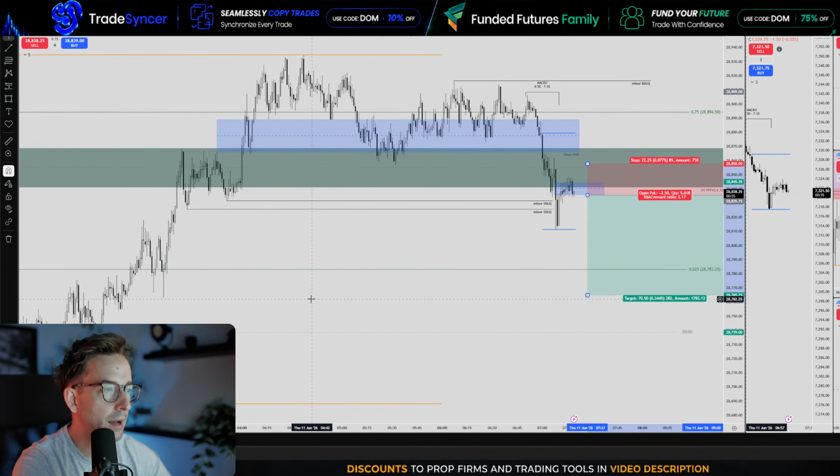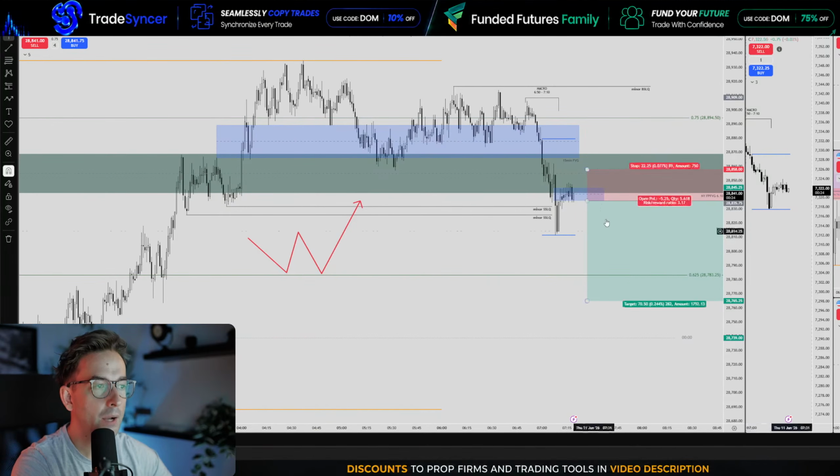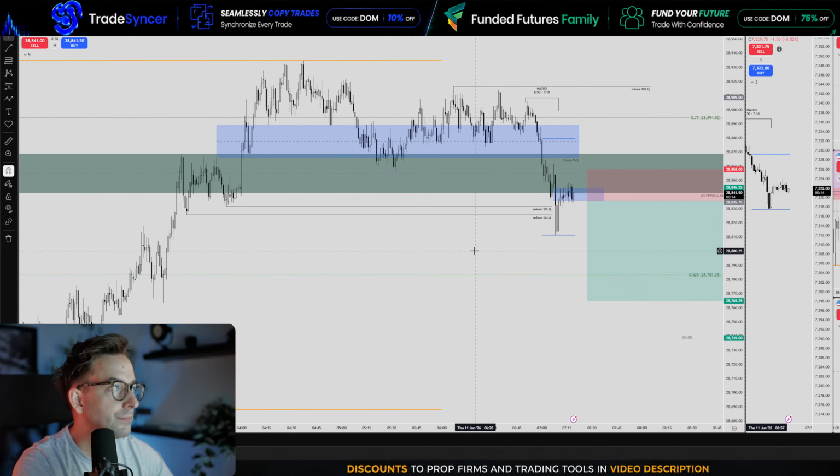But if sell side was down here and we were doing this, I would go short. I would definitely go short if we had a relative equal low right here. If that was our target, I would go short here, 100%. Now, no. But we'll keep watching.